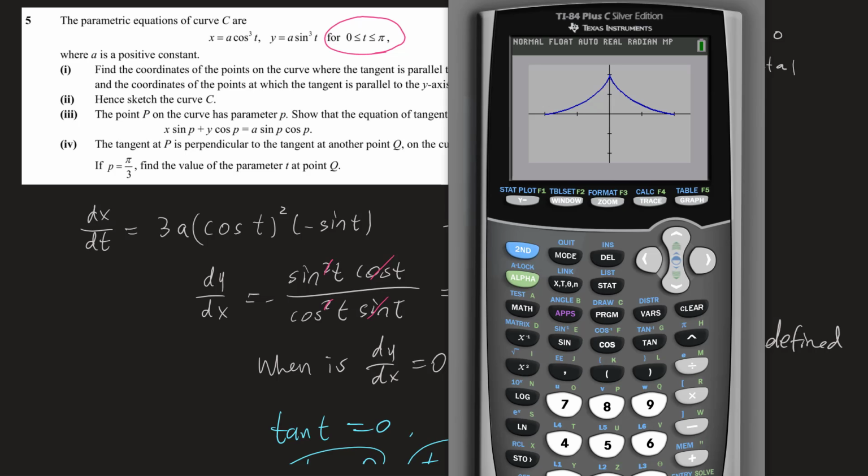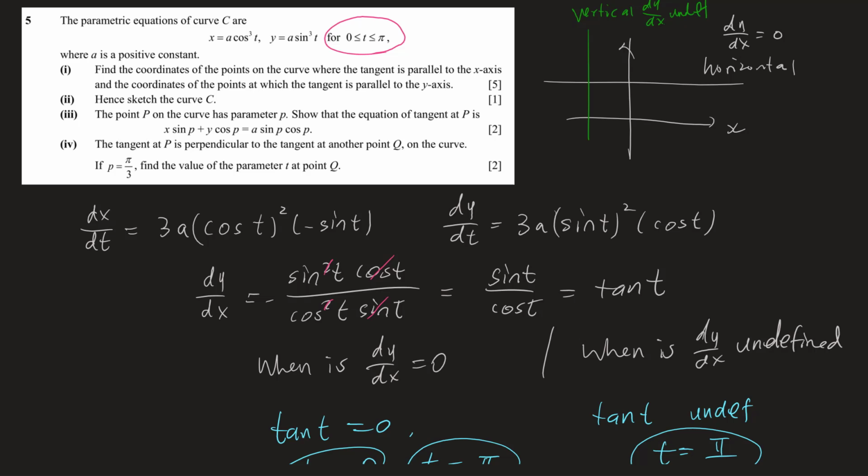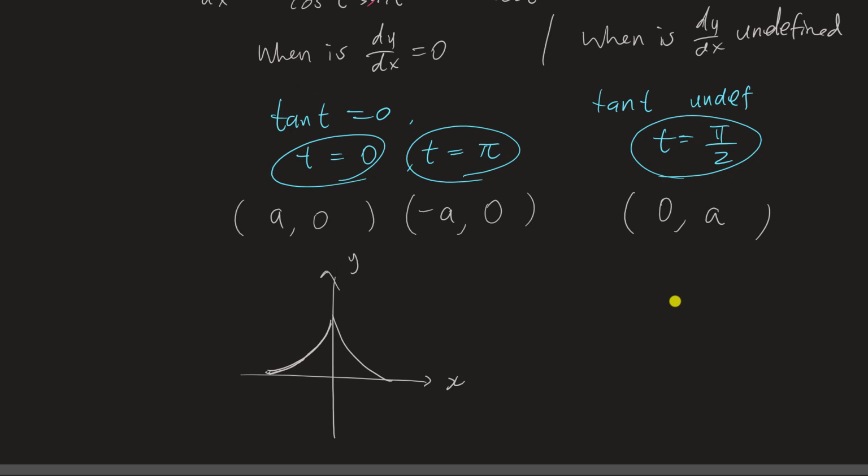Going back to the question now, since we already know the shape. We're not supposed to use GC, by the way, because they say hence. So using GC is sort of like a cheat method for us to check our answer instead. We know it looks like that, and then it looks like that. So x, this is your y. Now take a look at the values that we have calculated.